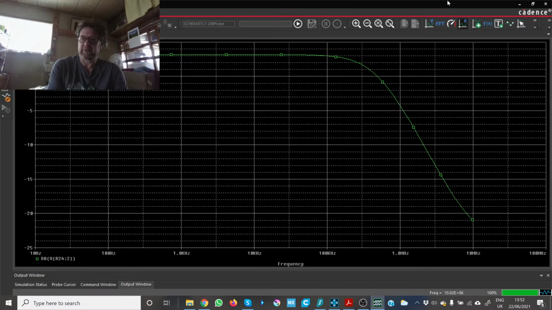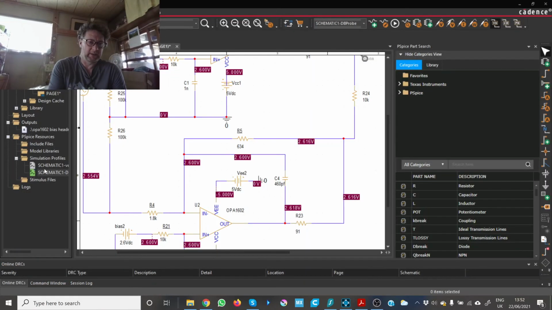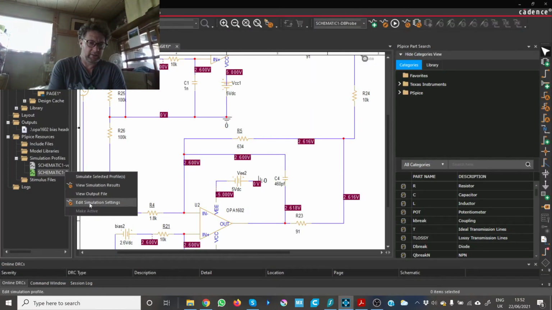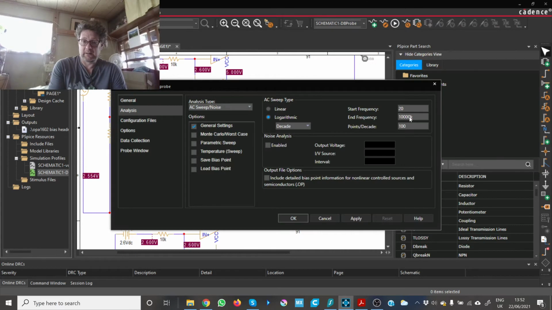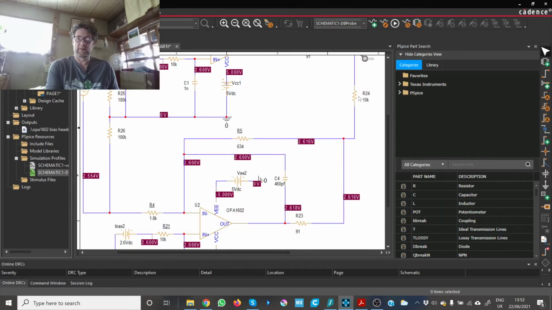I can try and increase the graph. Why don't I do that now? Just quickly pump it up, let's make that, say, 30 megahertz. Let's try that again.